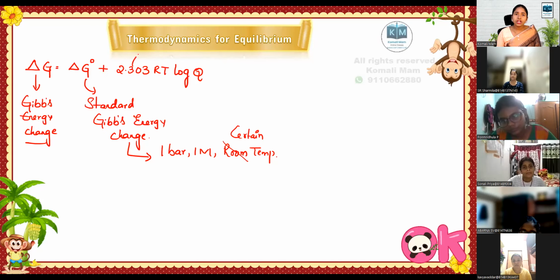Suppose instead of 2.303 log, we can say ln. 2.303 log is nothing but ln.